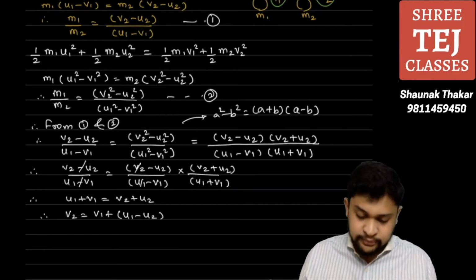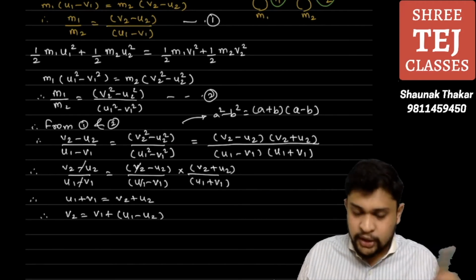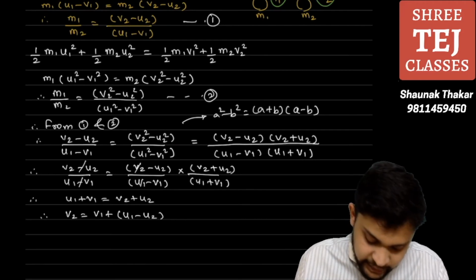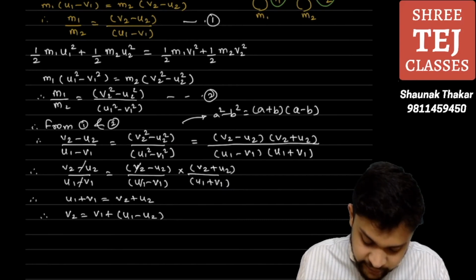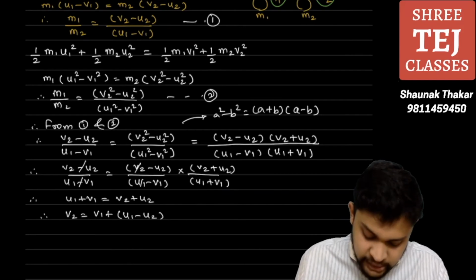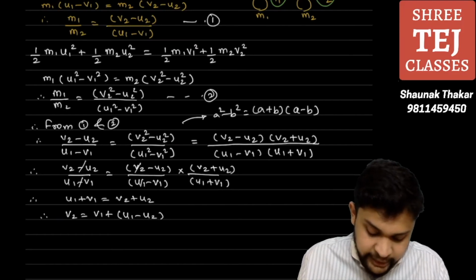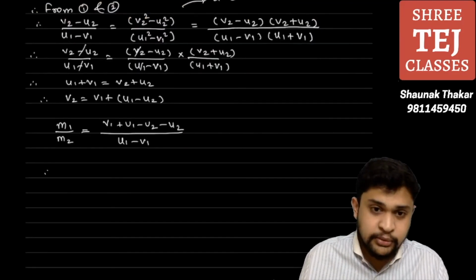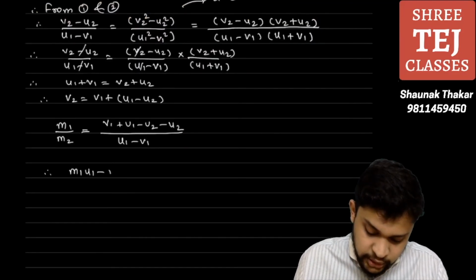So we will cross multiply and we will get m1u1 − m1v1 = m2v1 + m2u1 − 2m2u2.